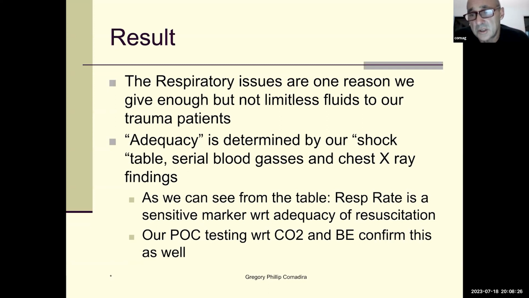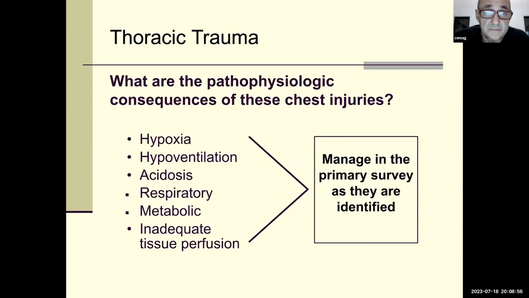We use serial x-rays over hours to days, but usually you get one at admission, one after theatre, one the next day, and we use our serial gases. That's what we do, and we do not deprive them of oxygen in the interim. So what you've got at the bedside is respiratory rate, point of care gases, and an X-ray. That's what we have. Next slide.